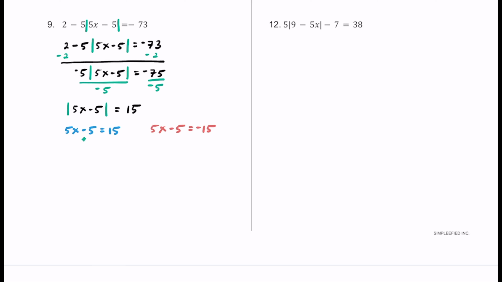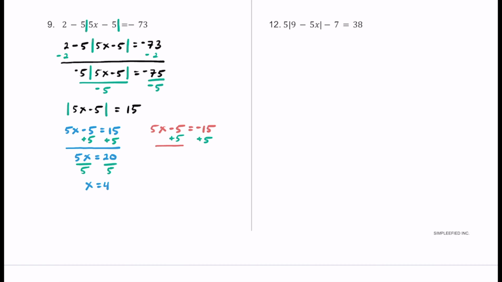To solve the equation on the left, let's add 5 to both sides first. If we do that, then we're going to be left with 5x is equal to 20. Then we can divide both sides by 5. If we do that, we find out that x is equal to 4. For our second equation, we could start by adding 5 to both sides of the equation, because that's the opposite of subtracting 5.